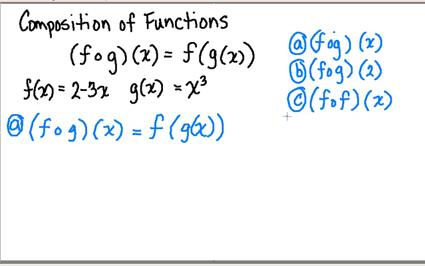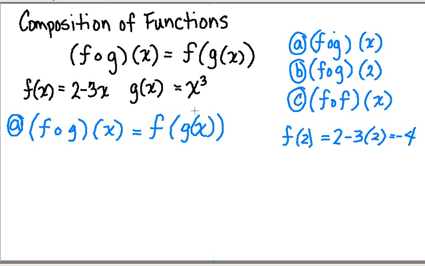Let's think about what that means for a minute. If I ask you f of 2, you would know that you go to the f function where you have an x, you're going to plug in a 2. So you would have 2 minus 3, and in place of the x we'd put a 2, and we can further evaluate that to get negative 4. 2 minus 6 is negative 4.